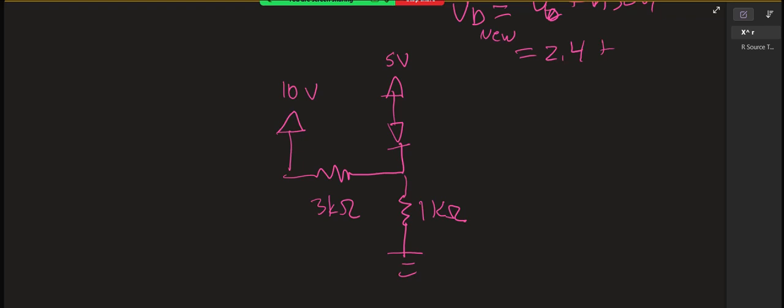Okay, from the point of view of the diode, if we're going to get the Thevenin equivalent, those two resistors are in parallel. So let's get the equivalent resistance. It's going to be 3 times 1 over 3 plus 1, which is 3 over 4K, which is 750 ohms.